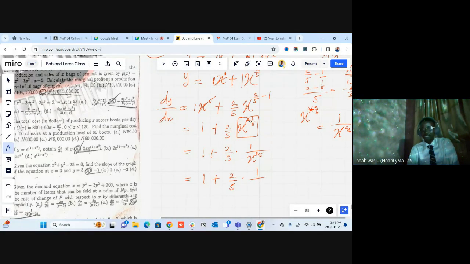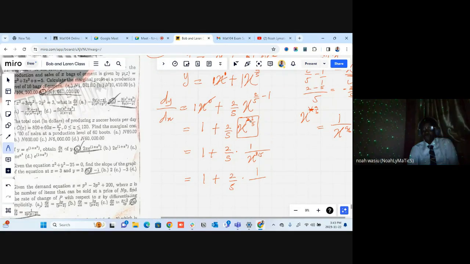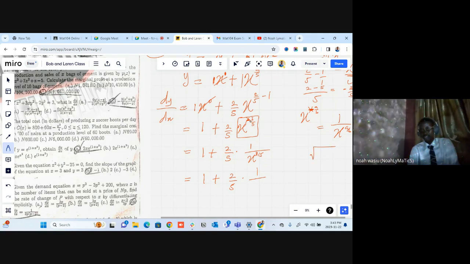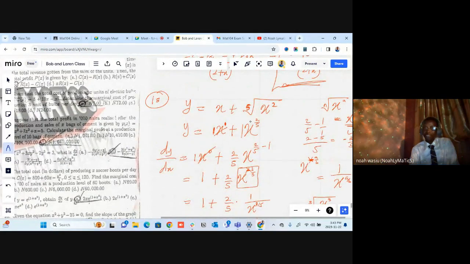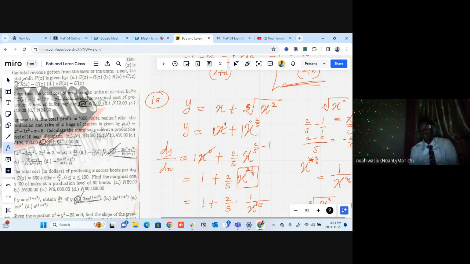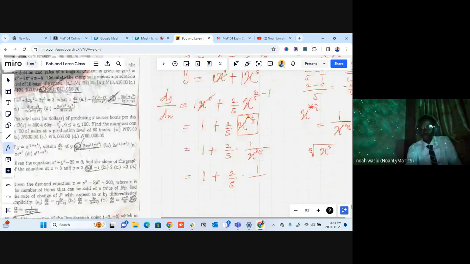I can twist it back by writing it as a root. Since I have a fractional index, the numerator remains inside and the denominator remains outside the root, just like I explained earlier.